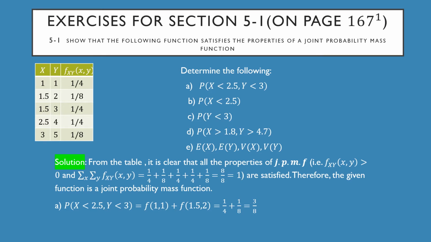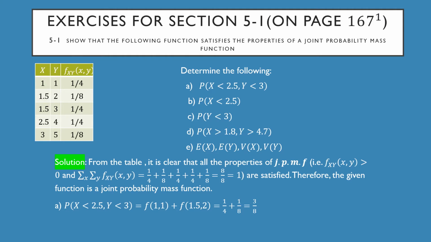So let us now check the second condition. What is the second condition? The second condition says to sum all the functional values, and the sum should be 1. So let us collect all the functional values. The first functional value is 1 over 4, second one 1 over 8, third one 1 over 4, fourth one 1 over 4, and the fifth one 1 over 8.